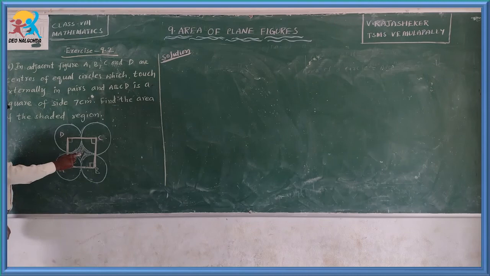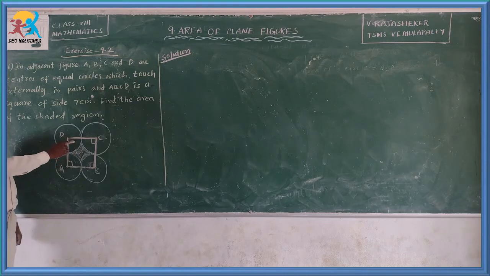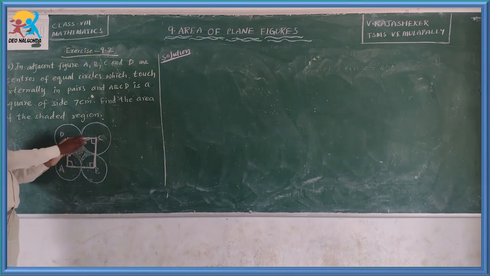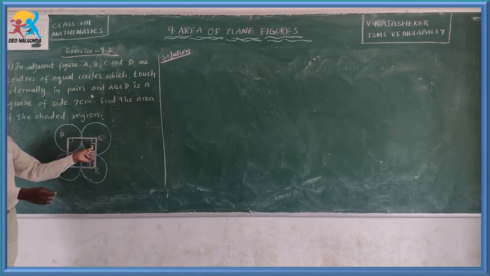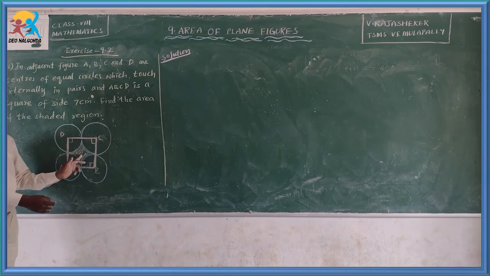The shaded part area we have to find, and we also find the sector's area. Equal circles, so all sectors are also equal. By finding the area of this square and removing all these equal sectors' area, we can get the area of the shaded part, no?